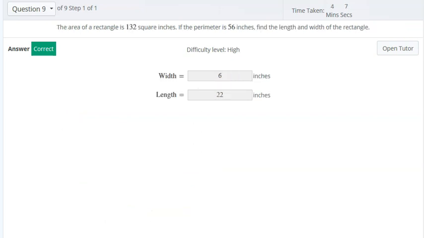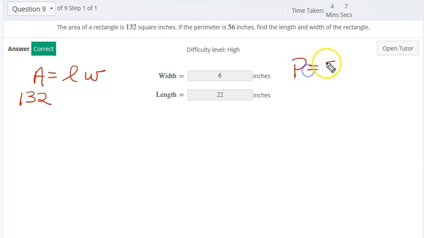Going on to our last example, and we did one like this too. Here we have an area equals length times width, and the area is 132. Then we have perimeter.